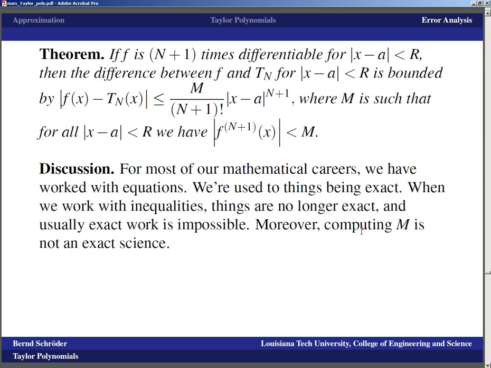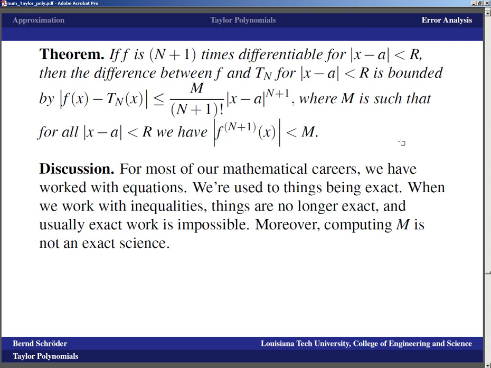So let's first of all think about where this M comes from. Basically, we have seen that the more derivatives we match, the better an approximation we get, right? And so the first derivative that the nth Taylor polynomial doesn't match at the point of expansion is the n plus first derivative.